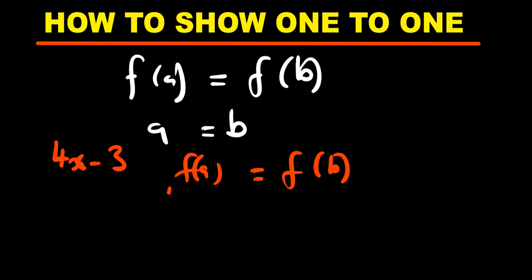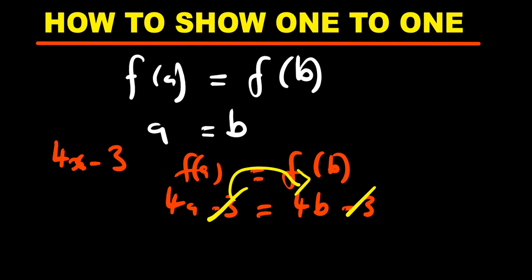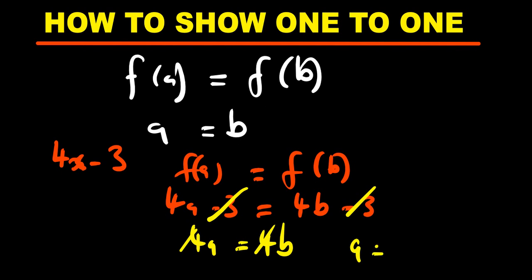So you're going to say 4a minus 3 is equal to, on the other side, wherever there is x, you replace it by b. So 4b minus 3. Then to solve this further, you know that your negative 3 and your negative 3 will cancel, or when the negative 3 goes to the other side it becomes a positive, and a positive and a minus give you 0. So you remain with 4a equals 4b. Your 4 and your 4 can divide, so you end up with a equals b. In this case, you've shown that the function is one-to-one because a is equal to b.